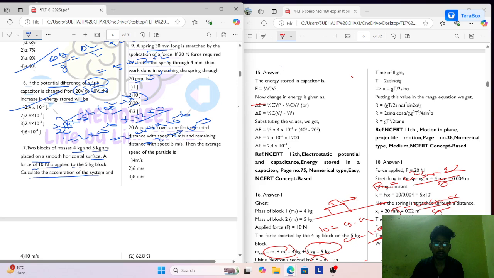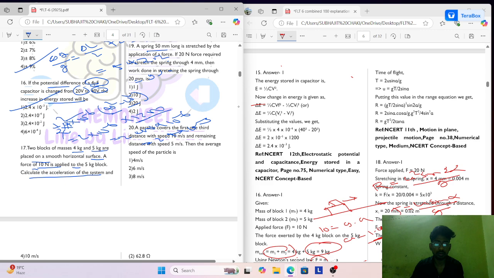In case of a spring, the formula is W equals half k x square. A certain amount of force is applied here, right? In this case 20 Newton and 4 millimeter. So from this you can calculate F equals k x, so k will be equal to F by x.